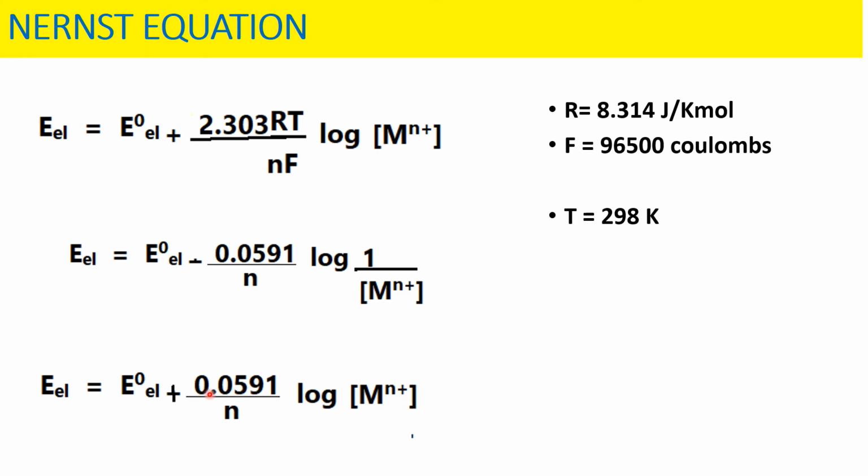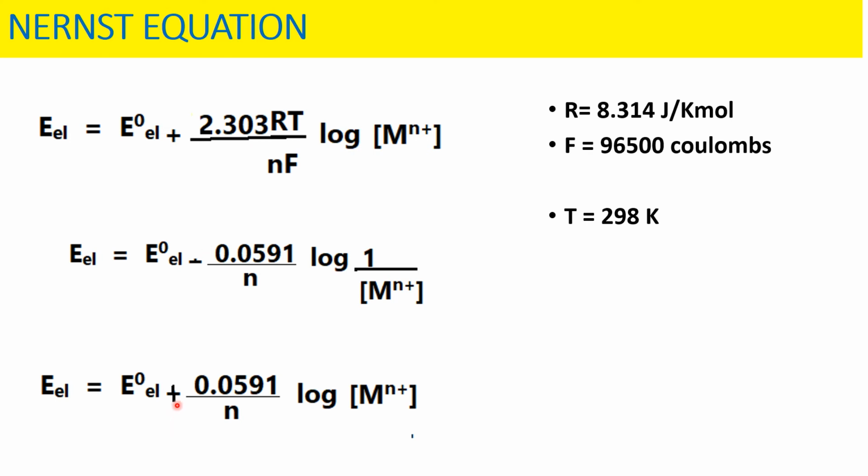Here 1 by Mn+ is replaced by minus log concentration of Mn+ ion, so minus of minus is equal to plus.